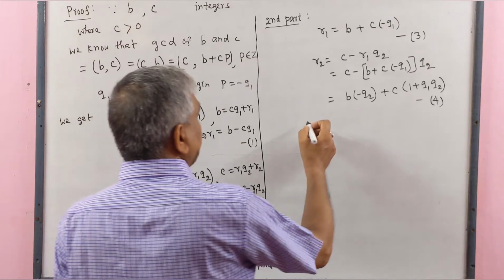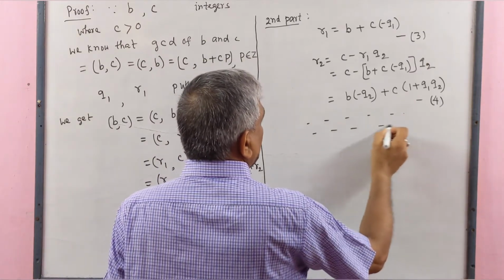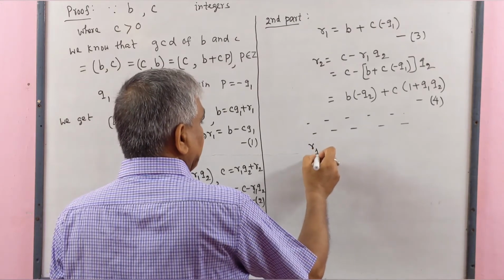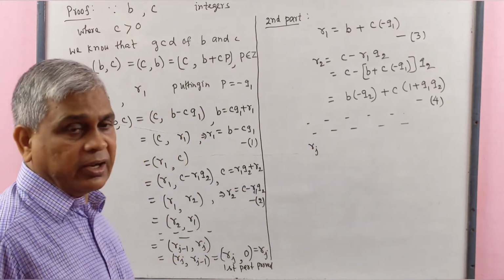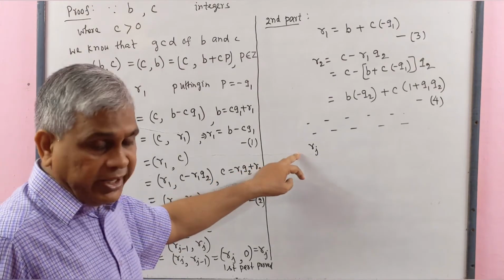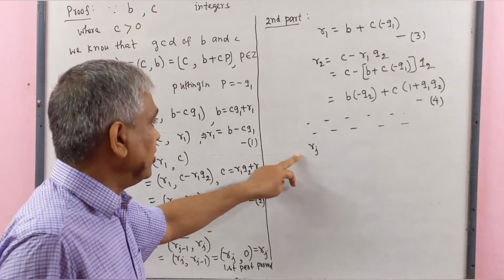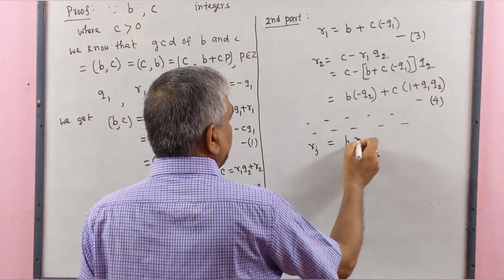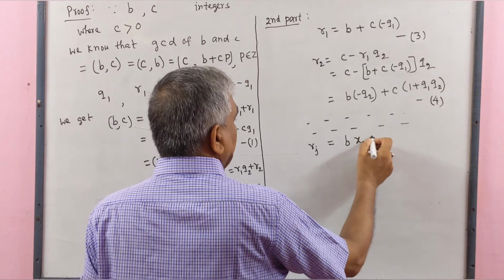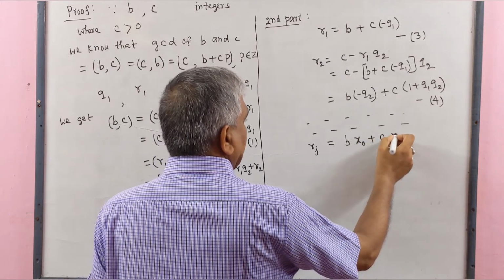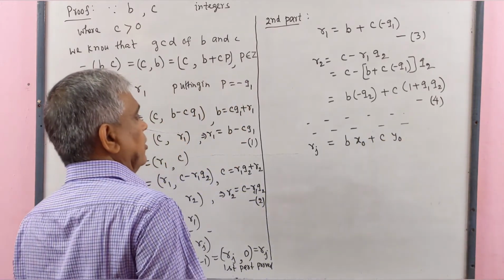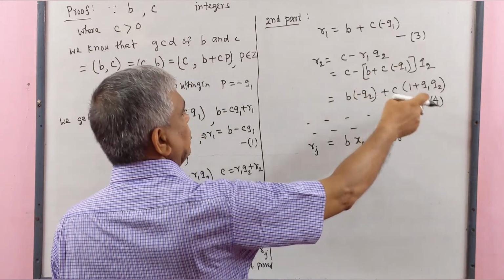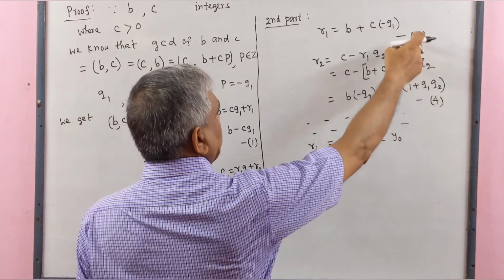And following this process, we will get that Rj, the last non-zero remainder, which is the GCD of B and C, may be expressed as a linear combination of B and C. We may find the values of x0 and y0 similar to 3 and 4.